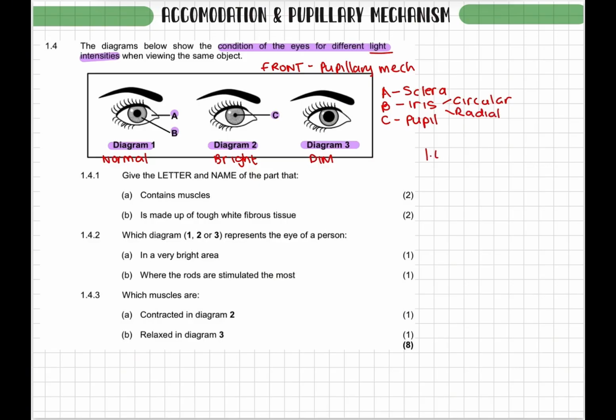So for the first question, you give the letter and name of the part that contains muscle. We know that's part B, the iris. And the next question, made of tough fibrous tissue, that would be A, the sclera.